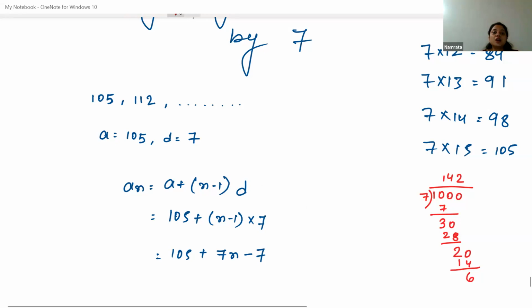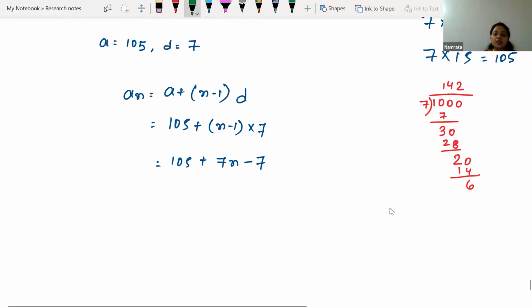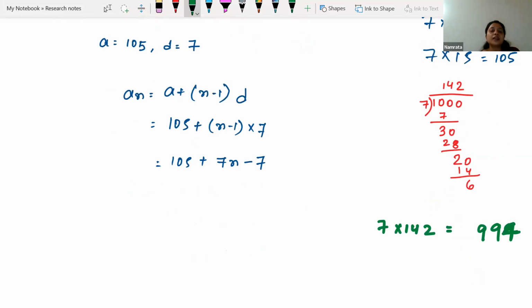Is it giving us a 3-digit number? 7 into 142: 7 2 times 14, 4 carry 1, 7 3 times 21 plus 1 is 22... Can you see here we are getting 994? That means 994 is a number before 1000 which is completely divisible by 7.